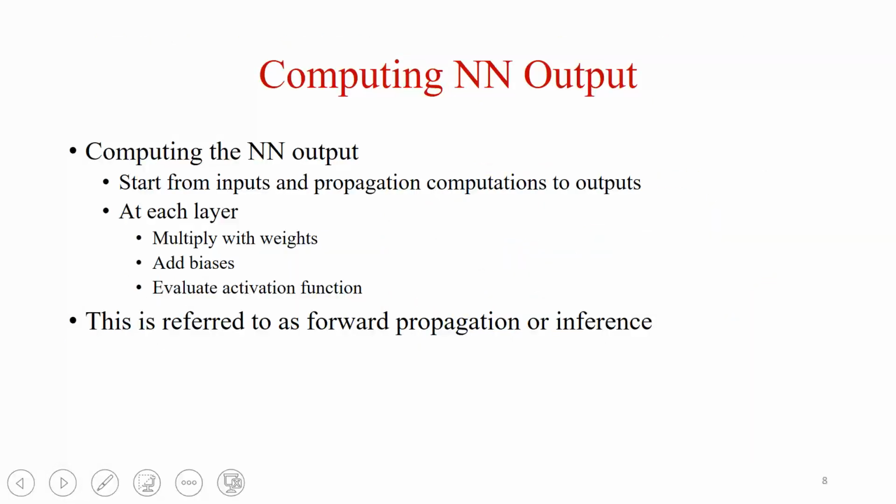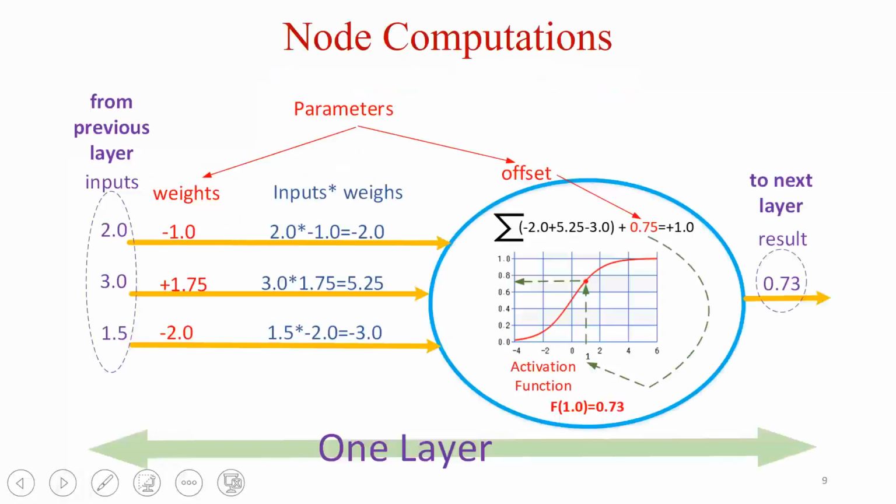Okay, so now that we have discussed the applications and the theory, let's talk about how we compute the output of a neural network. Let's go to a diagram here.